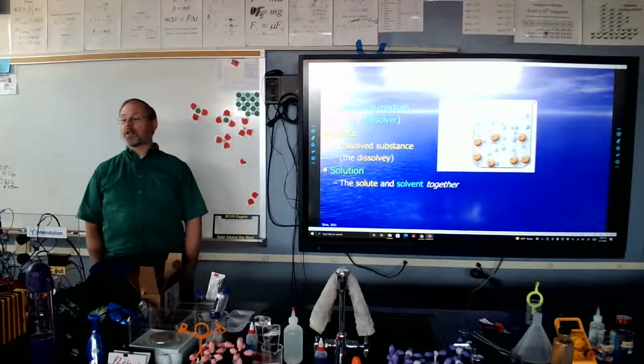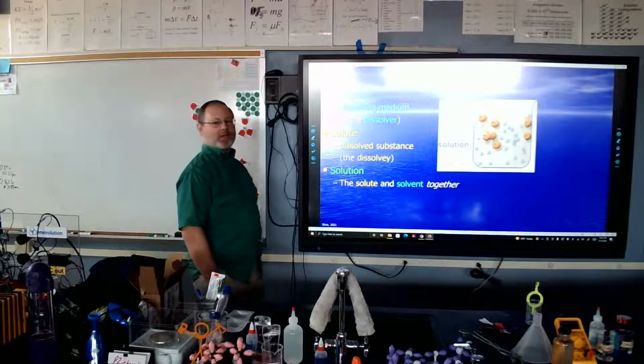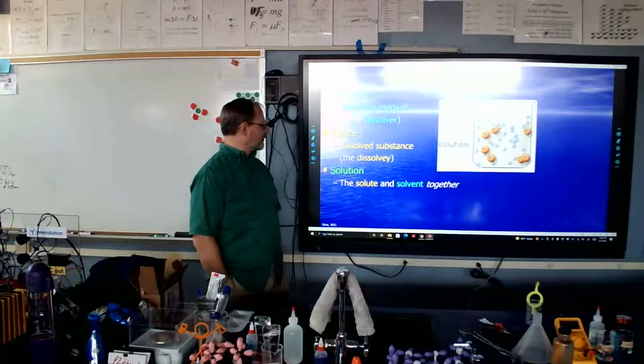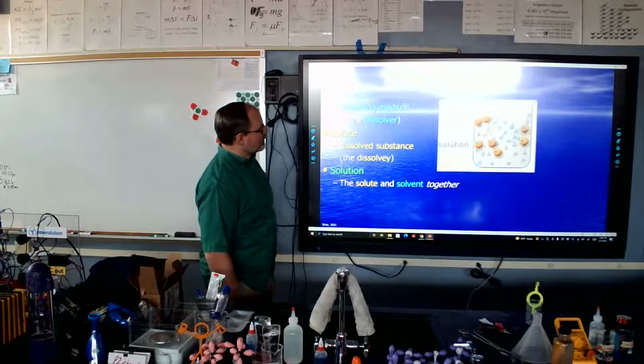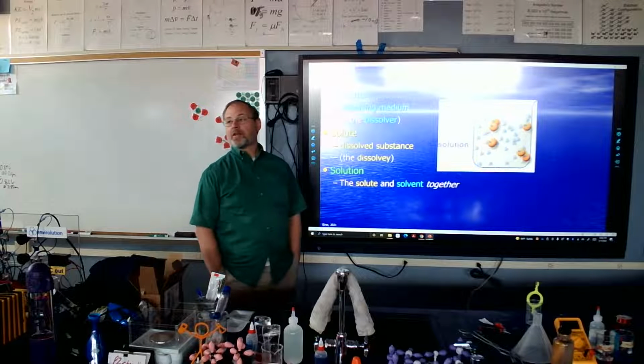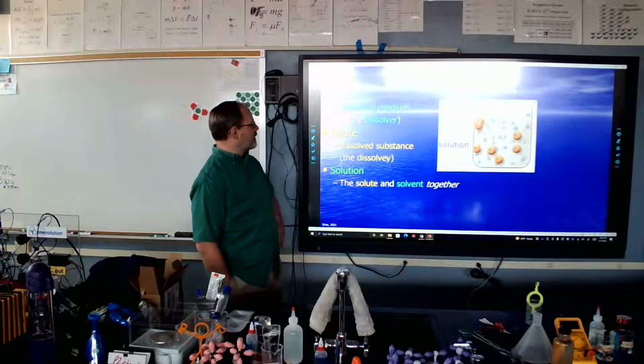When you're making your chocolate milk, the milk is the solvent, and your chocolate syrup is the solute, and you mix them together, and off you go with the solution. So again, the solute is the stuff that goes in, the solvent is the stuff that dissolves the solute, and together they make up the solution.